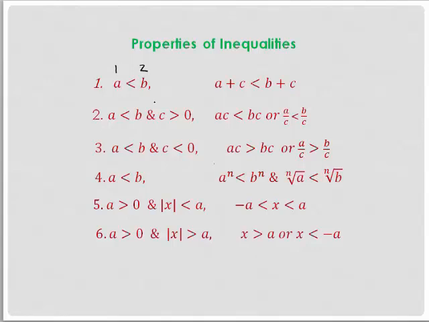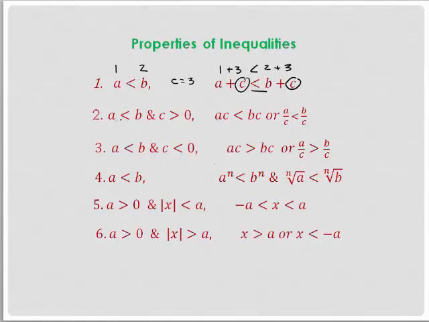If I say A is 1 and B is 2, and we'll say C is 3. So I'd have 1 plus 3 and 2 plus 3. So that's 4 is less than 5. Yes, it's absolutely true. So what that's saying is I can add a number to both of these numbers and it still remains less than.